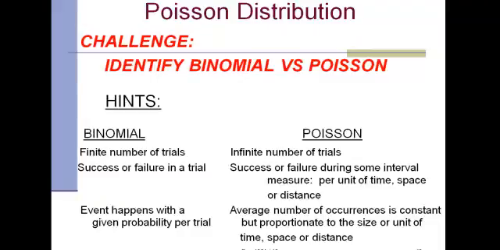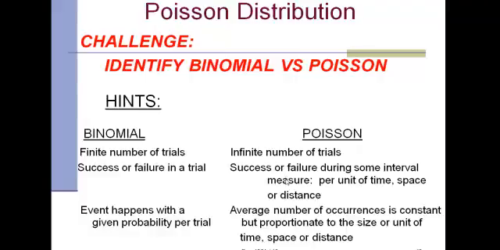So let me try to help you identify a binomial distribution question versus a Poisson distribution. Binomial has a finite number of trials, whereas Poisson may have an infinite number of trials. Success or failure in binomial is per trial or per event. Success or failure in Poisson has something to do with an interval measure.